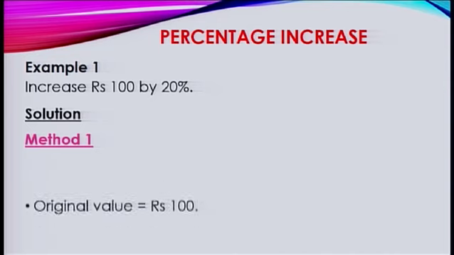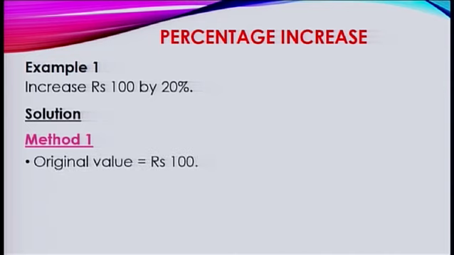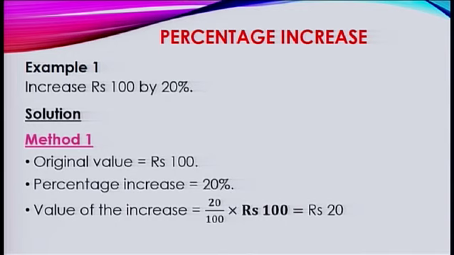Method 1: you know that the original value is 100 rupees, and you know that the percentage increase is 20%. So let's try to find the value of the increase. That will be 20 over 100 times 100 rupees, which is 20 rupees.